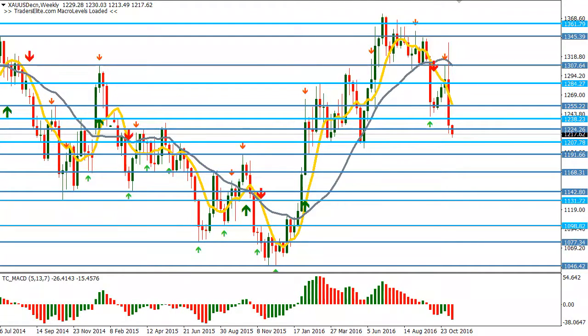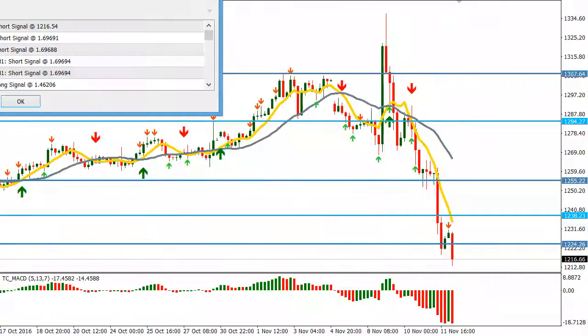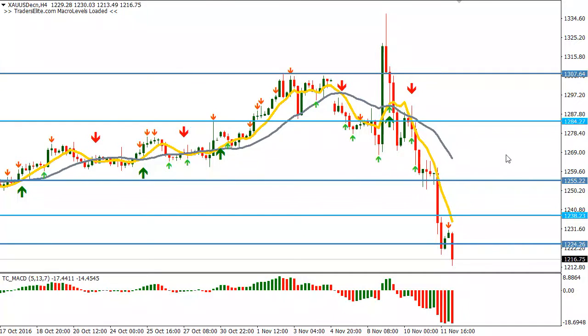Now, at this point, I'll just make a quick mention that you're seeing three different indicators on the charts. You're seeing the small arrows, which are based on the price flip indicator, the reversal candlestick pattern. You're seeing the big arrows, which are, actually, I'll get it on the 4-hour just to make it a little bit easier to see, which are based on the trend catcher indicator, denoting new trends.